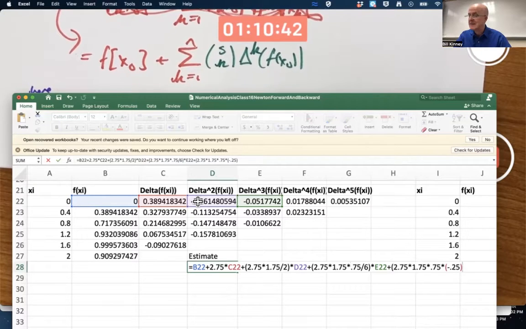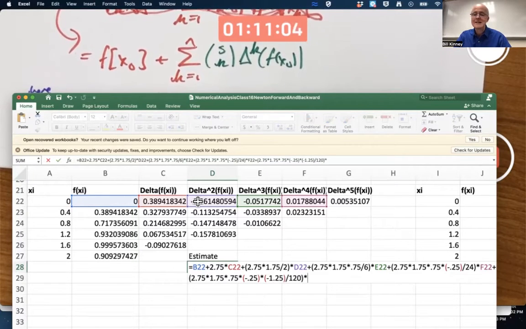S minus 3 is negative 0.25. Divide by 4 factorial is 24, times F22. One more term. 2.75 times 1.75 times 0.75 times negative 0.25 times negative 1.25 divided by 5 factorial times G22.